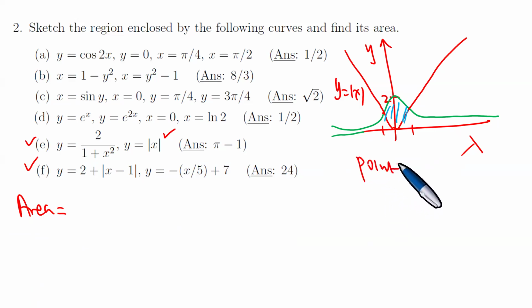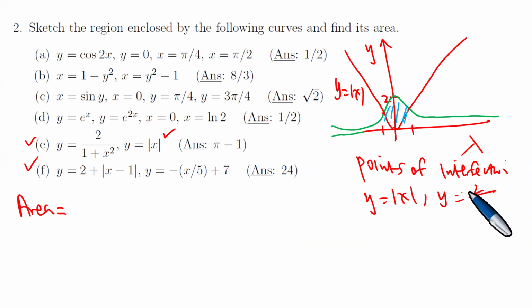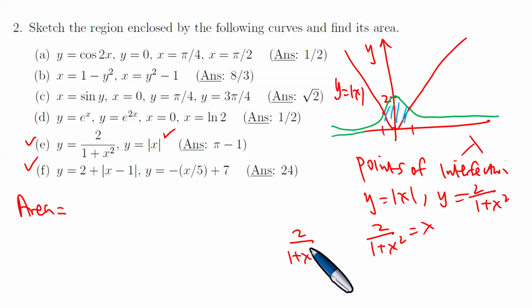So you get the points of intersection. What are the points of intersection? You have y equals the modulus of x, and y equals 2 over x squared plus 1. So then the question becomes, what are these? And then you have two things: 2 over 1 plus x squared is also equal to minus x.